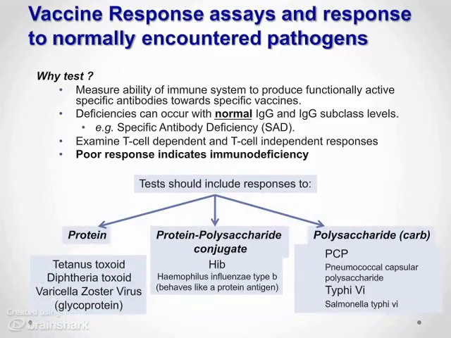Various tests used include protein-based vaccines such as tetanus toxoid or VZV, a protein polysaccharide conjugate like HIB, or polysaccharide or carbohydrate-based vaccines such as Typhi. Recall from the previous slide that IgG2 responds well to polysaccharides, while IgG1 and IgG3 respond to protein antigens.